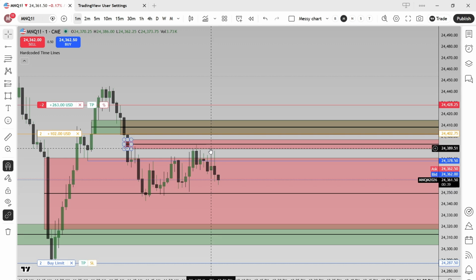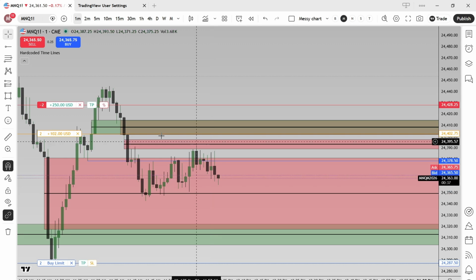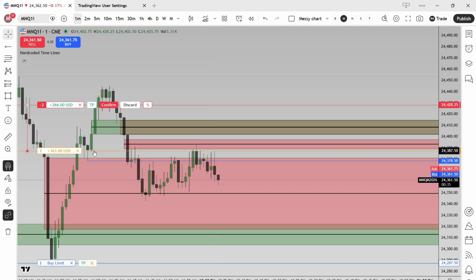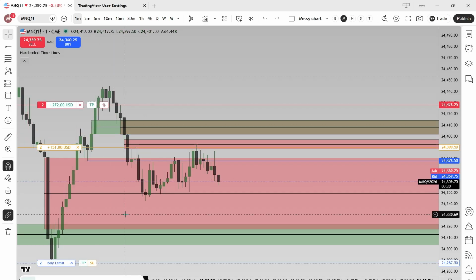So I don't want to see it enter that gap again. It's the stop loss, still $150.